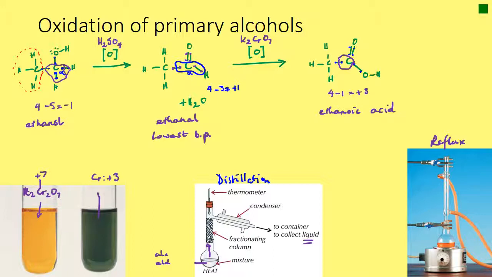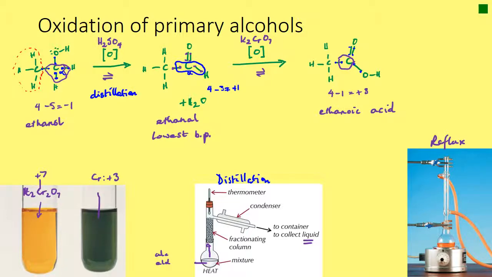And so as it evaporated off, as it was made, the equilibrium mixture, because both of these are really equilibrium reactions, as you made some ethanal, you would encourage more ethanol to be made into ethanal. So distillation is the process that you're going to use to make your aldehyde.